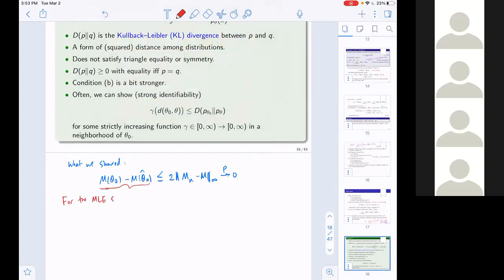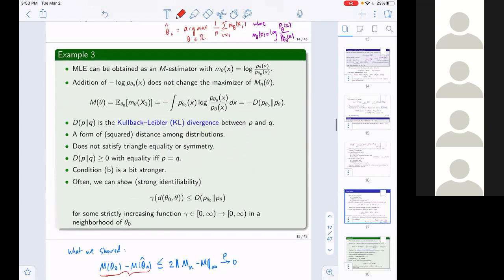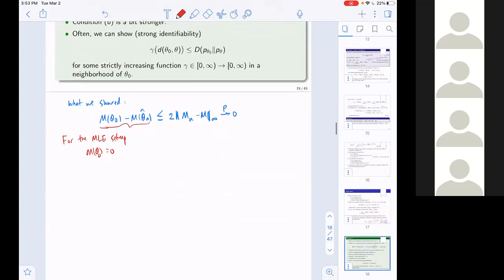For the MLE setup, you can see m(theta naught) is basically 0, the way we defined it. If you plug in theta naught, it would be 0, and m(theta hat n) would be negative d(p theta naught, p theta hat n).